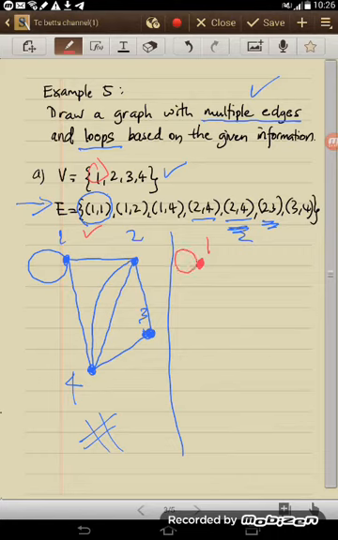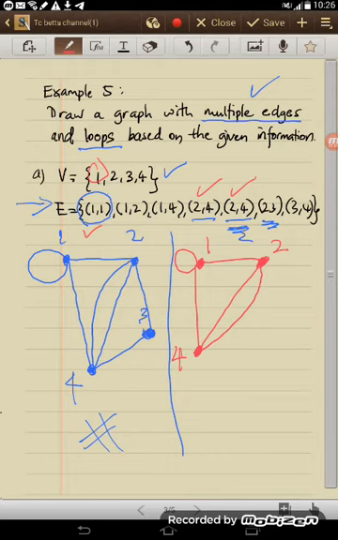Then 1 2, maybe you can go here. One by one you do 1 2, and then 1 4. So maybe 4 will be here, and then 2 4, and another 2 4. So these are the multiple edges. You can put it like this.